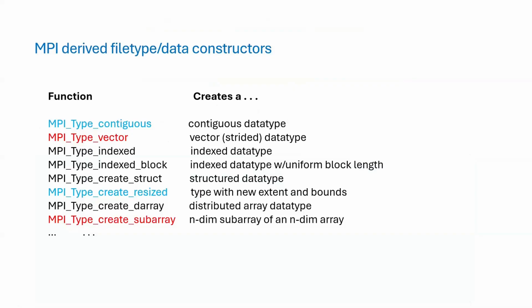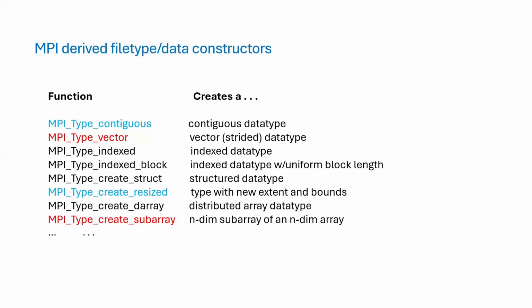And this comes with another thing called the MPI derived data type. We list a few of them here, like type contiguous and create resize, which were already used in previous slides.